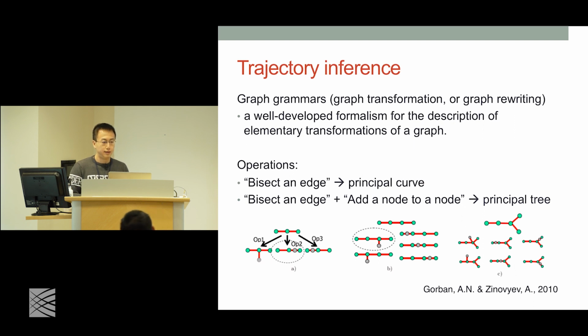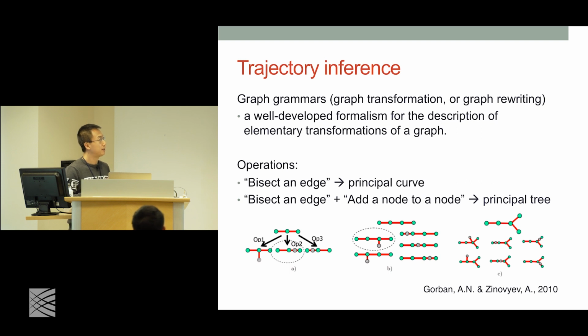Having defined the elastic energy, we can already evaluate different topologies here. But in STREAM, when we explore the data point space, we want to get different topologies. Here, it's a graph grammar based approach.